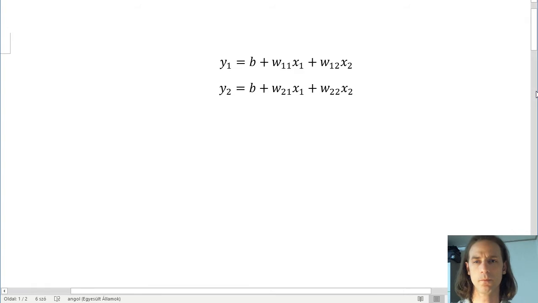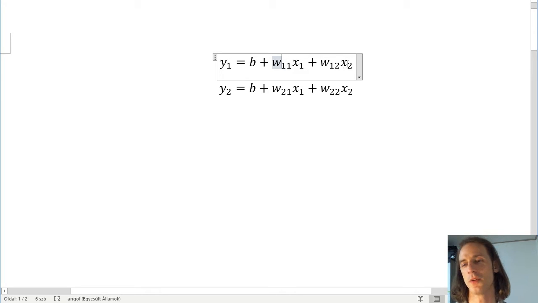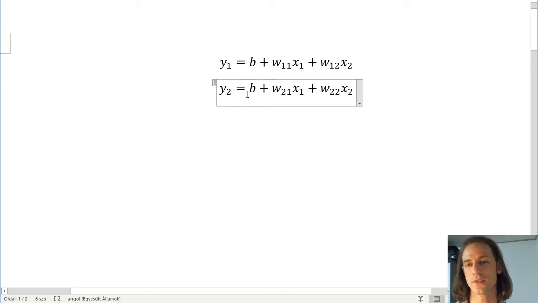So let's consider this very simple and primitive example where, let's say, we have y1 and y2 as the outputs of our system. y1 comes from a bias b, and then a weight w11 is multiplied by x1, and then we add w12 multiplied by x2, and y2 has the same bias b.